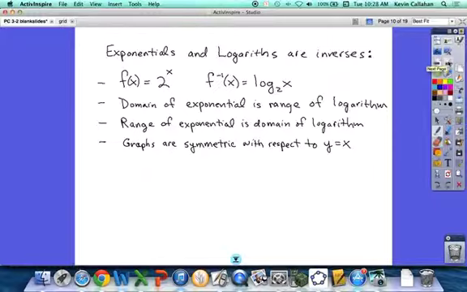So for example, f of x equals 2 to the x is an exponential with a base of 2. Its inverse would be the logarithm base 2 of x.